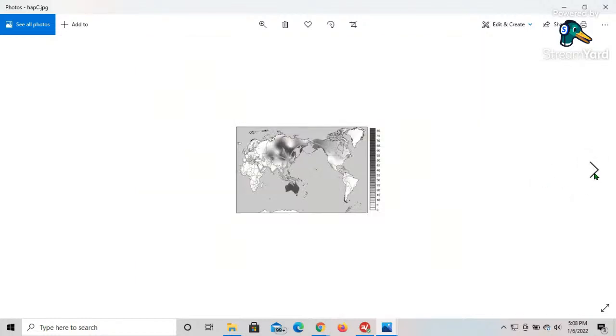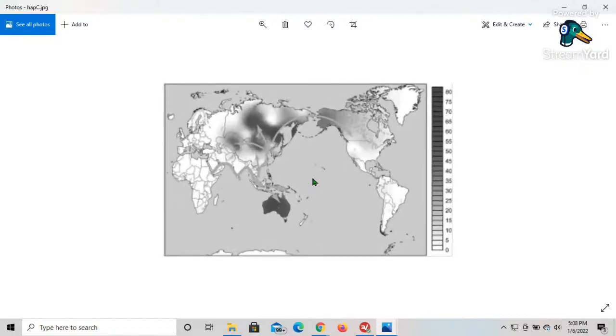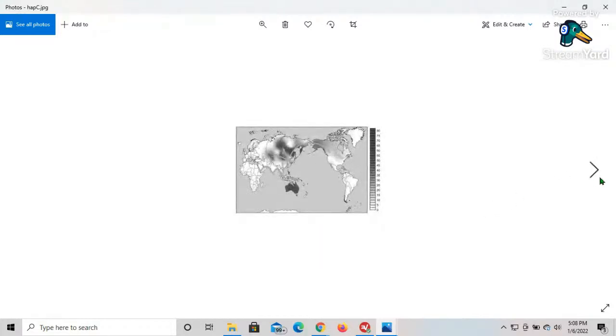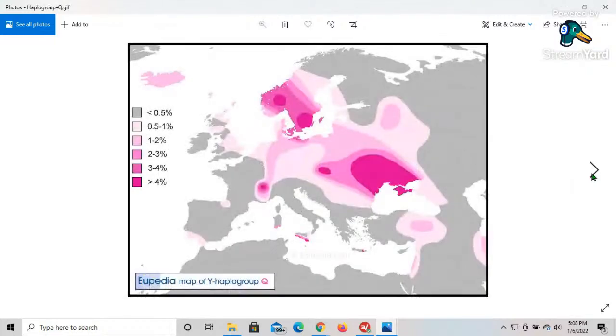Anyway, this would be the C. It's probably the C haplogroup, Y chromosome haplogroup. The Q, remember, they said Madai was in Europe.